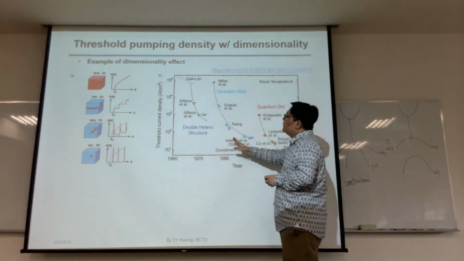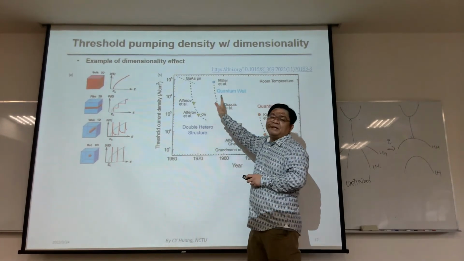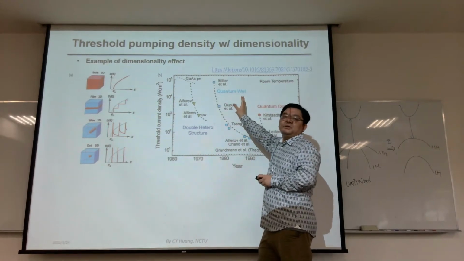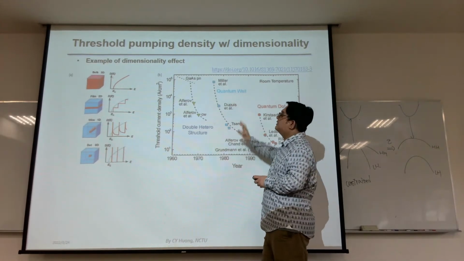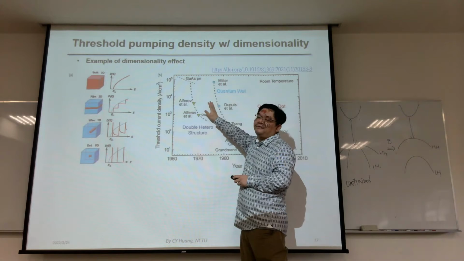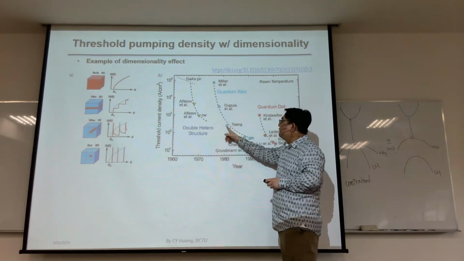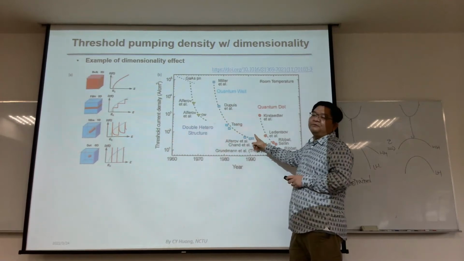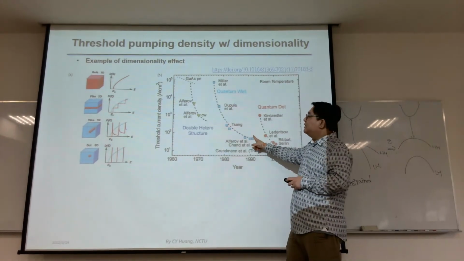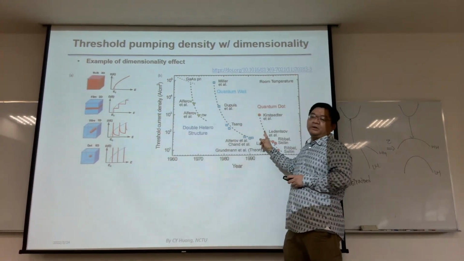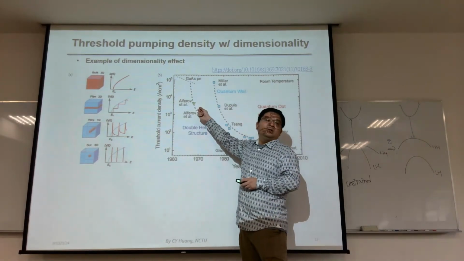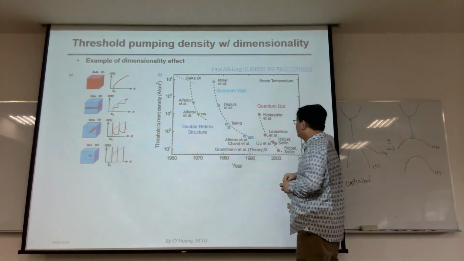But that's because while you're doing something new, you have lots of new technology issues you never encountered. But if you have the right theory and keep improving little by little, eventually they make the threshold carrier density one order lower than the original DH structure.